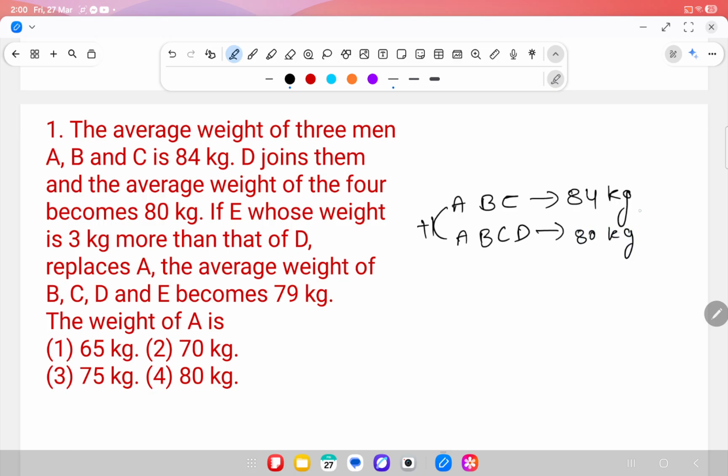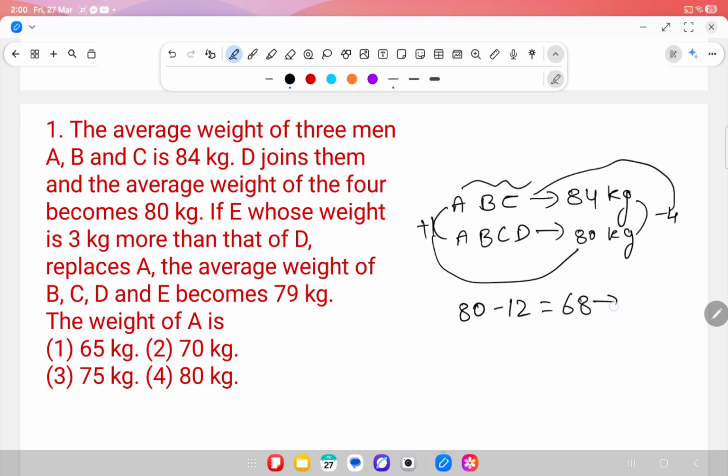So from 84 to 80 it was reduced. Now 1 into 80 minus 4 into 3, that is 12, gives 68. Whose weight is it? D's weight. D's weight is 68.